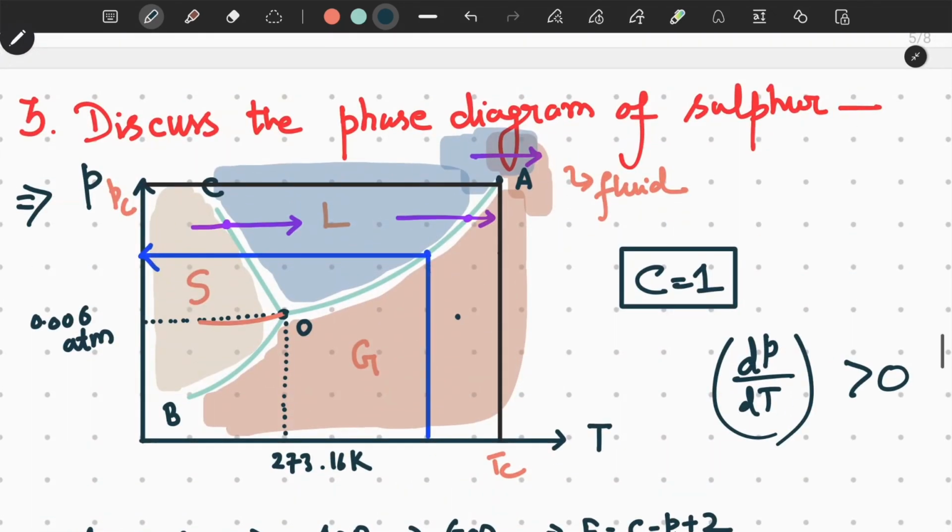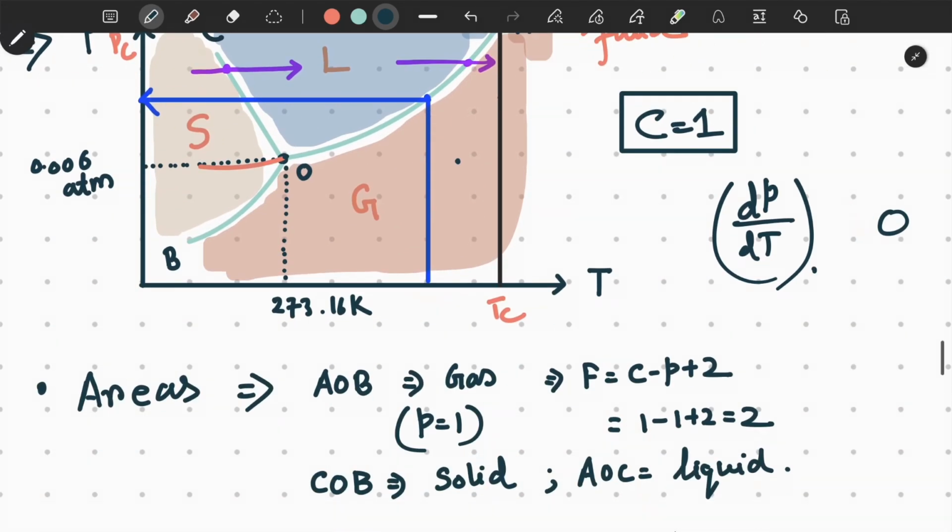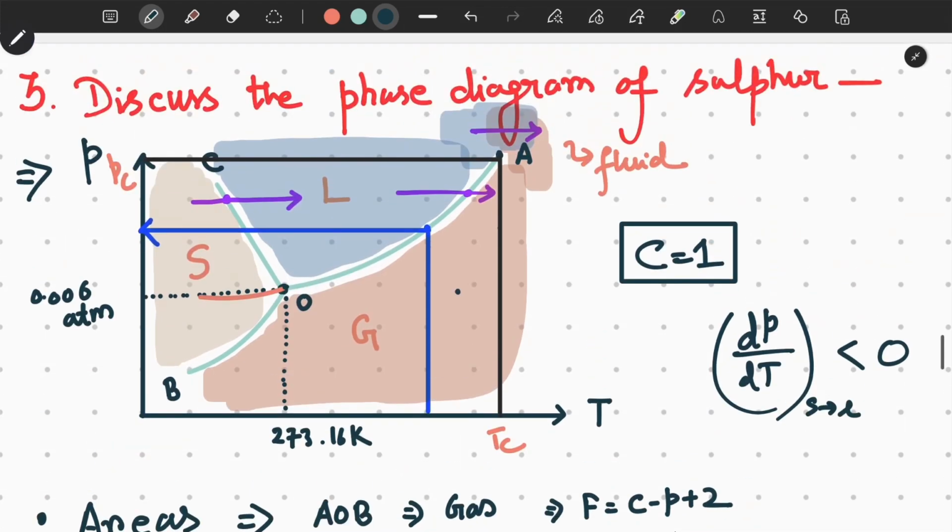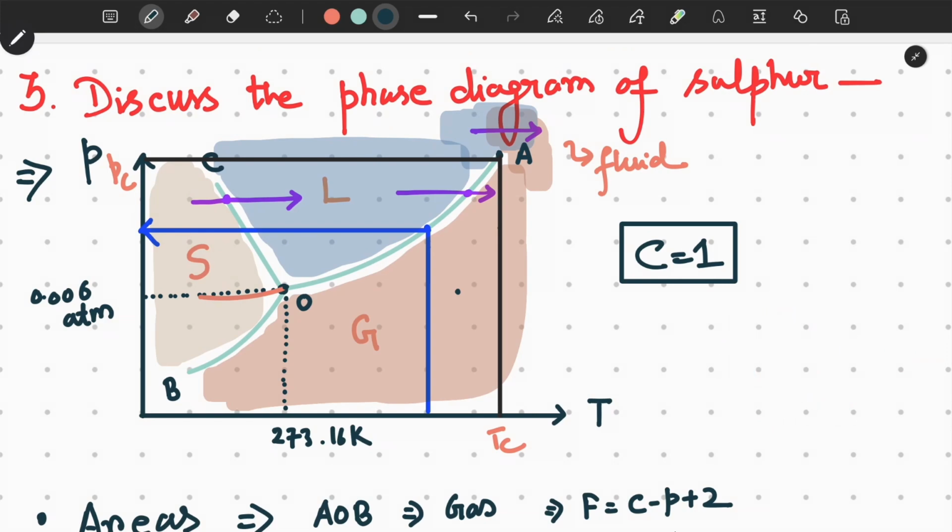For solid to liquid, correct? If dP/dT is negative, then it will be like this. So these things we will discuss in the next class, the Clausius Clapeyron part. We will also solve a few questions from the Clausius Clapeyron equation in the next class. Then probably this phase part will be clear.